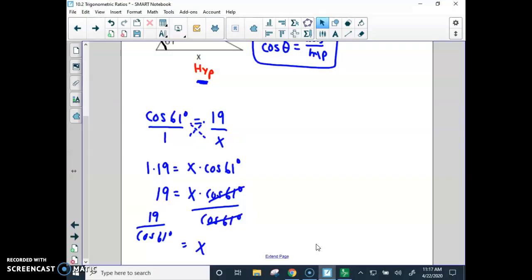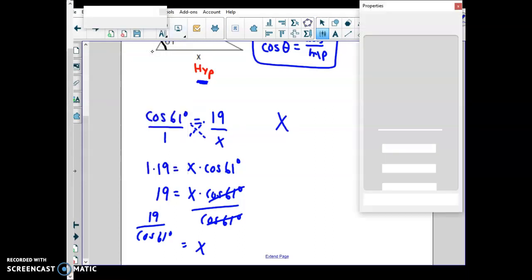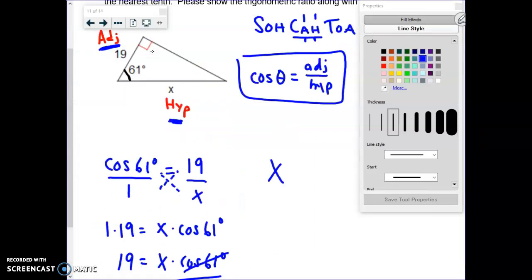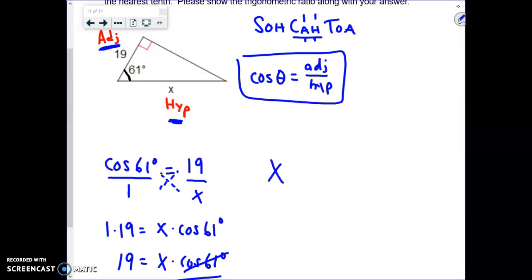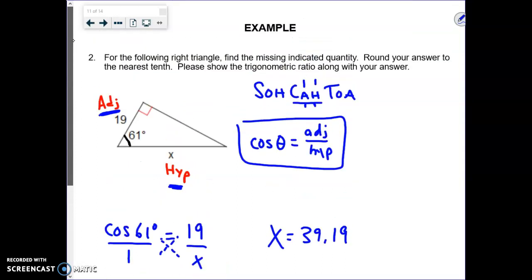So if we go back here, x was equal to about 39.19. Now it says, again, go to the nearest tenths place.